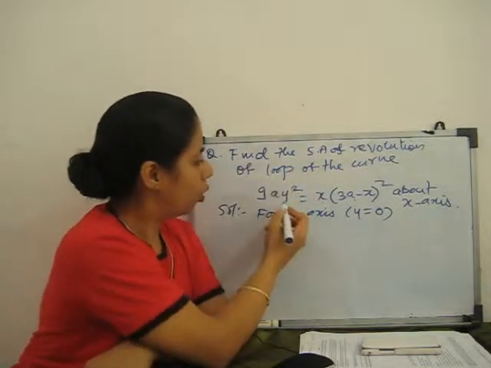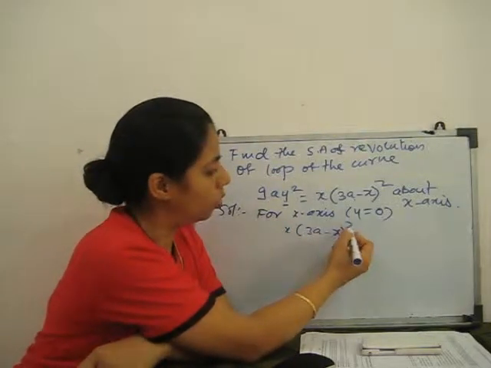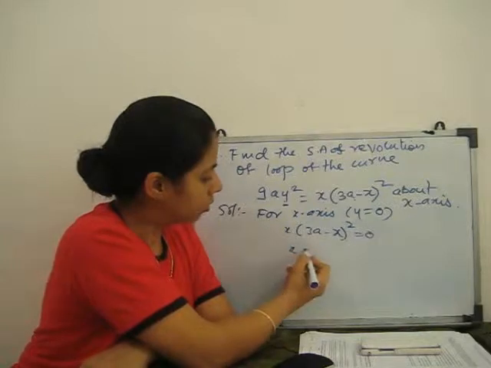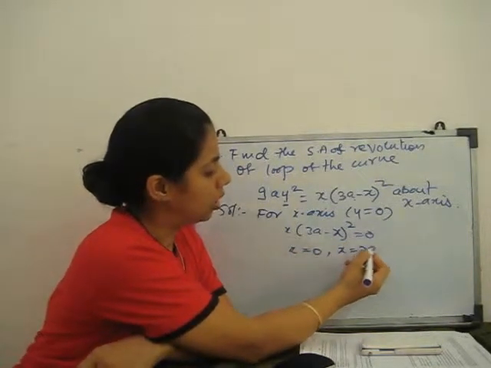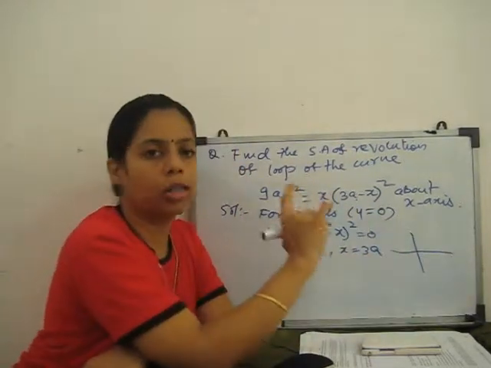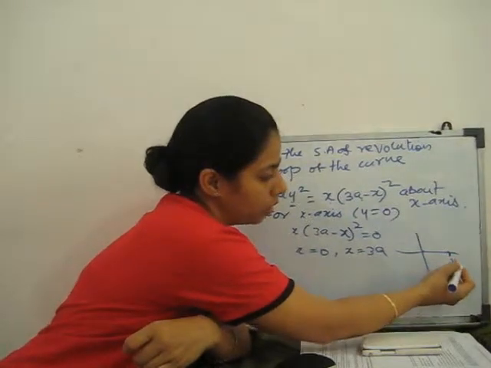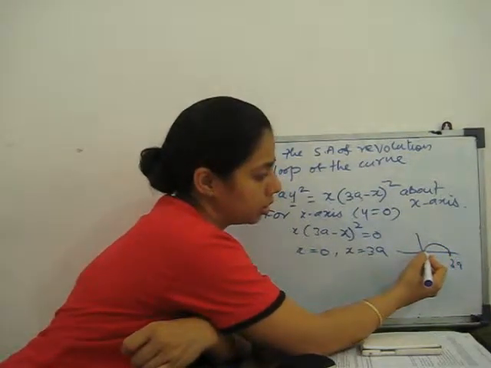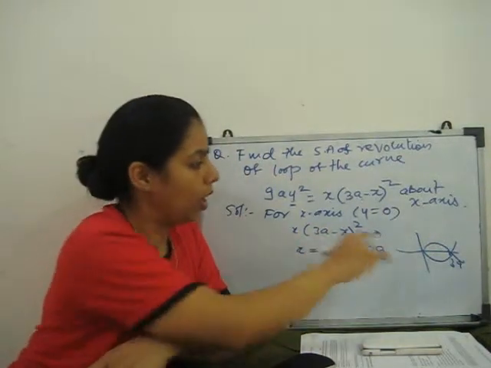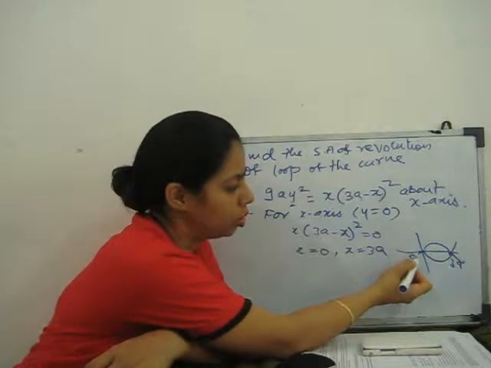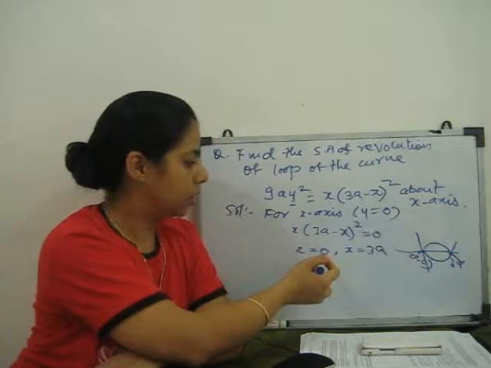If we put y equal to 0, means x (3a minus x) whole square is equal to 0. So this gives x is equal to 0 and x is equal to 3a. It means if you draw this curve, this is 0, this is the point 3a, so it comes like this. If it is symmetrical, then again this is the loop. So lower limit of x is 0 and upper limit is 3a.